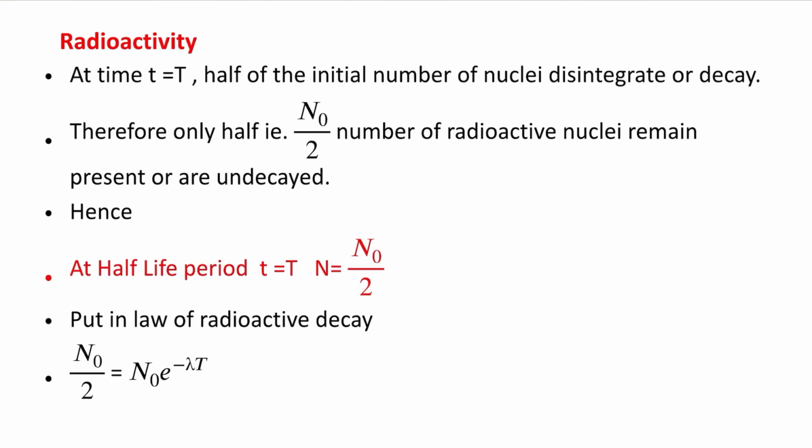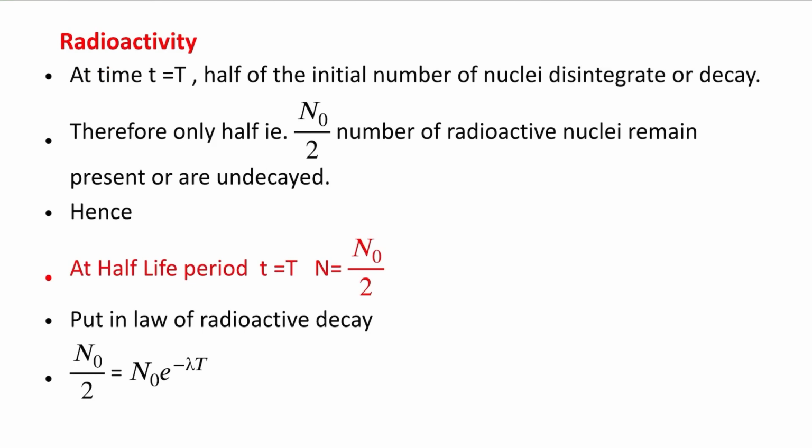At half-life period capital T, the total number of nuclei that remain undecayed is given by N is equal to N0 divided by 2.